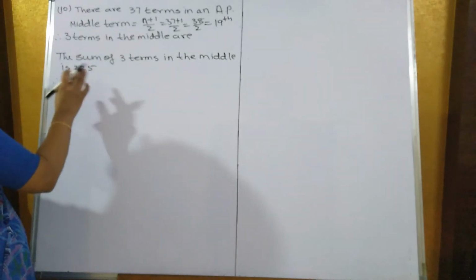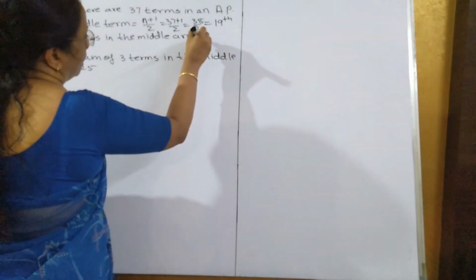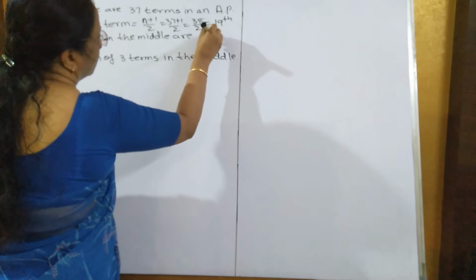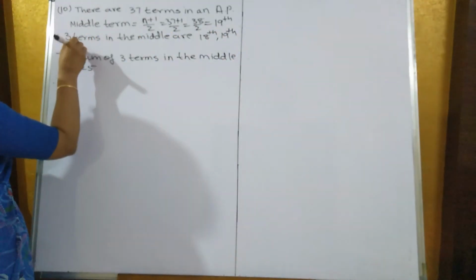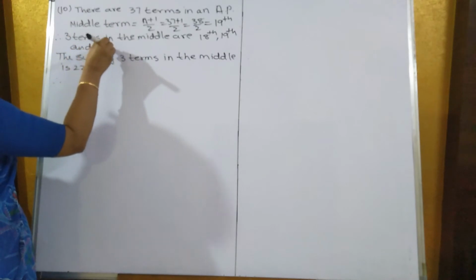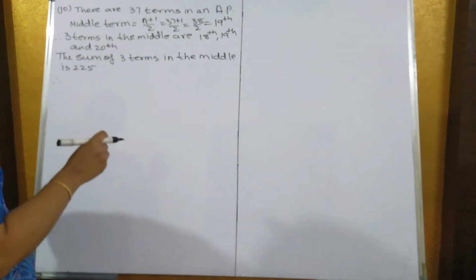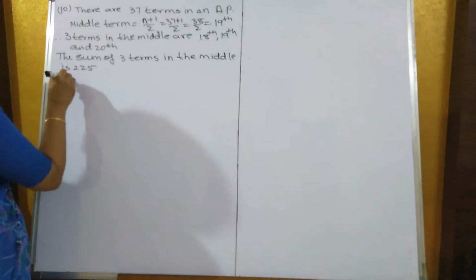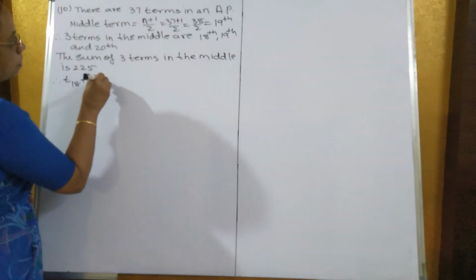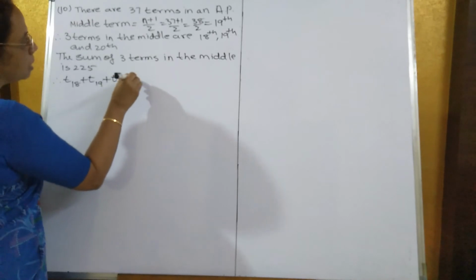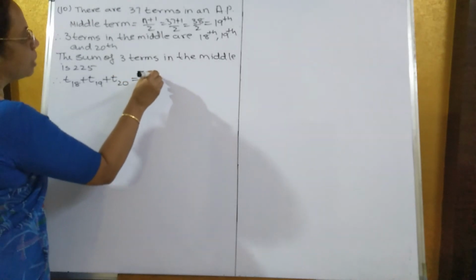So the 3 terms in the middle are which ones? 18th, 19th and 20th. Now since the sum of the 3 terms in the middle is 225, T18 plus T19 plus T20 should be equal to 225.